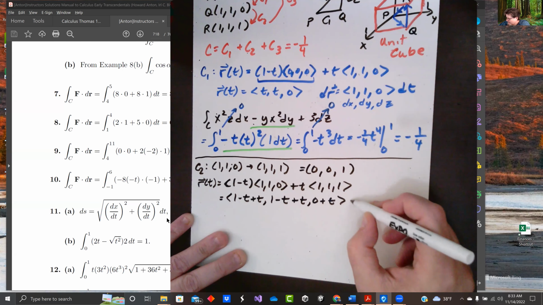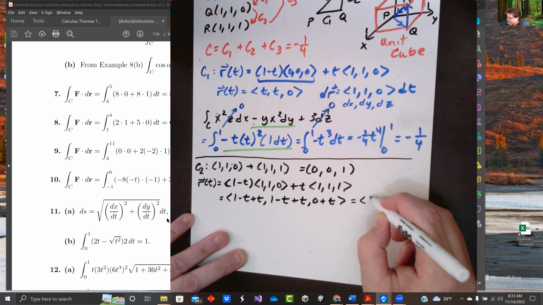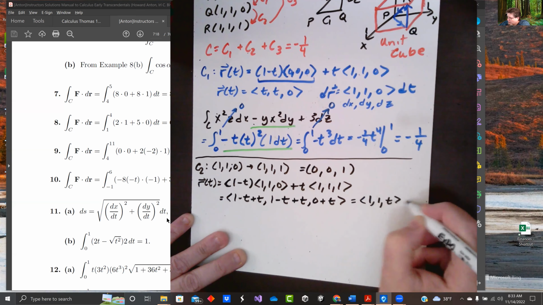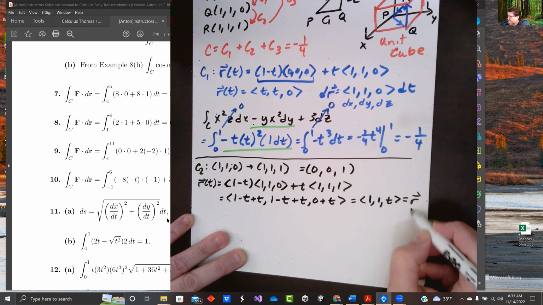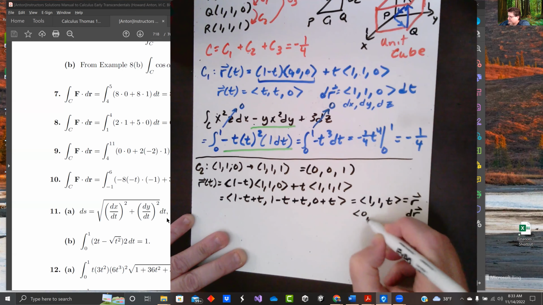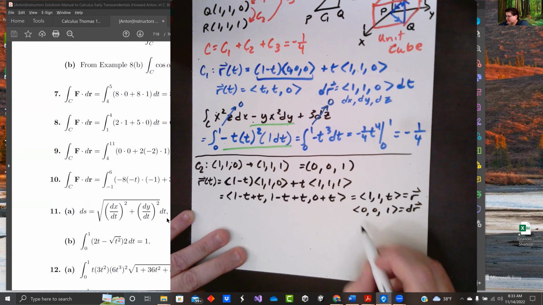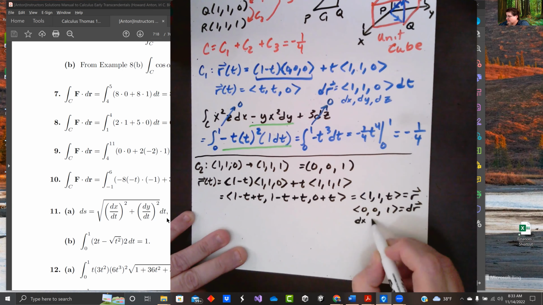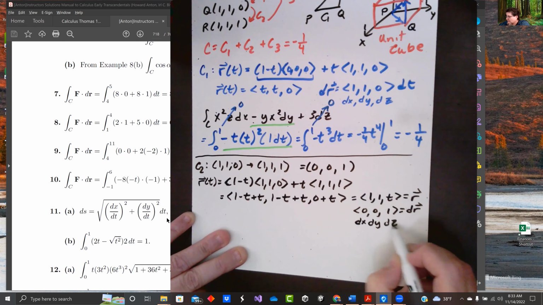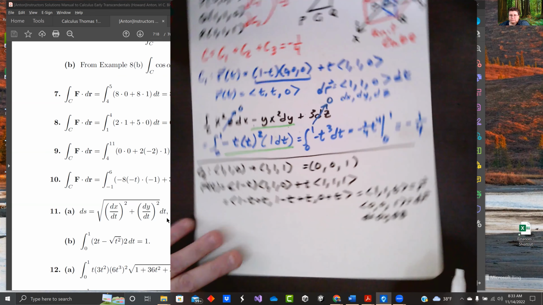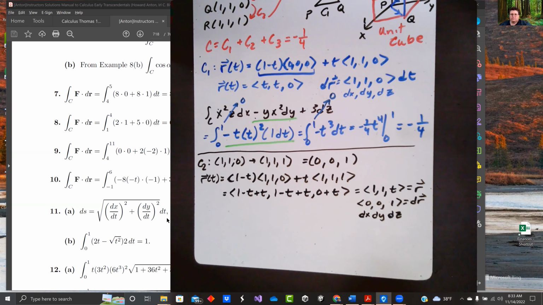So I am getting 1 t, that's my r. So dr is going to be 0, 0, 1. Again, dx and dy and dz. So my dx and my dy are zeros.